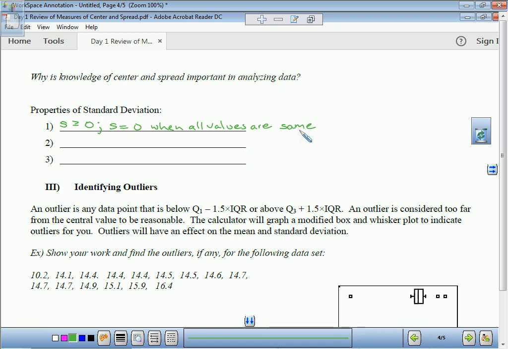Now, when the standard deviation increases, this is going to increase as the spread of the data about the mean increases. So the further the data is from the mean, the larger your standard deviation.